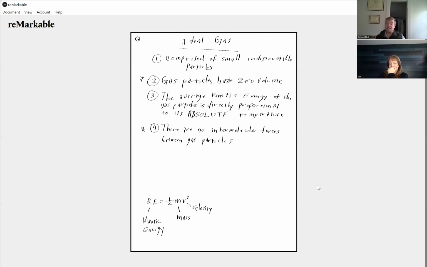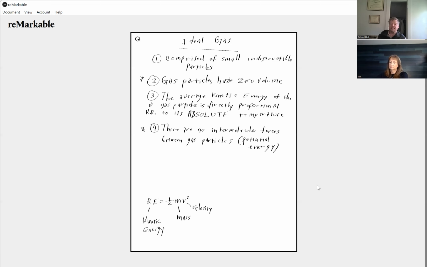In other words, there's no attraction and there's no repulsion between gas particles. In fact, there is. There has to be attractive forces, because what we're talking about here is potential energy. So number 3 is kinetic energy. Here we're talking about potential energy, 0 potential energy. We know these gas particles have potential energy.